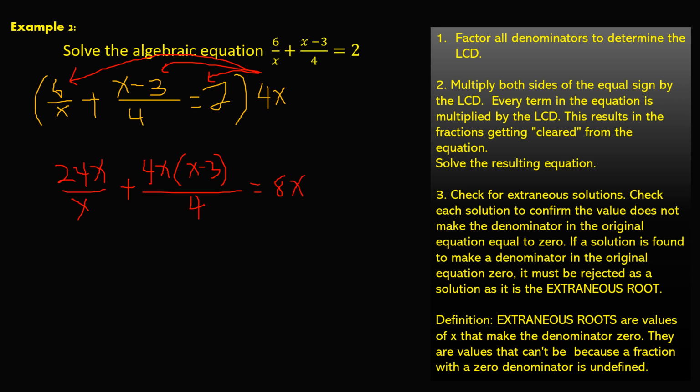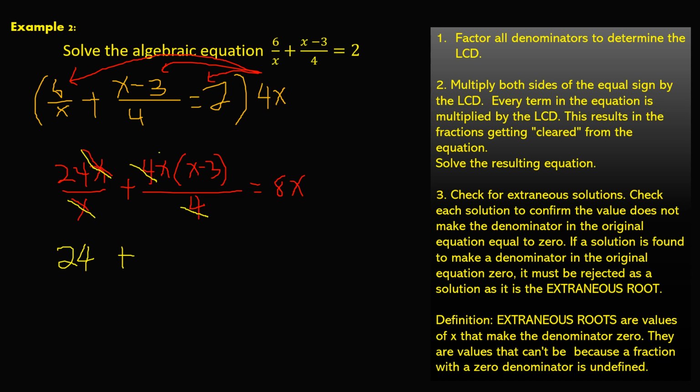Then we can cancel the common factor on the numerator and in the denominator. So we cancel x over x. We have the remaining term now, which is 24, plus also here 4 over 4 is cancelled out.